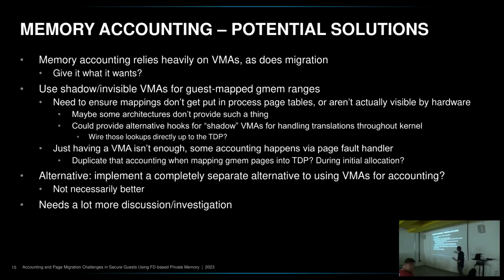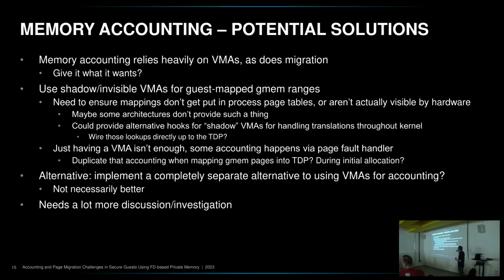You obviously need to take care that those mappings don't actually result in that memory being mapped into the process's page table, or else you'll run into the issues that GMEM specifically is trying to avoid. And also, just having VMAs isn't enough, because a lot of that accounting is going to happen at the time that the page is actually faulted in and touched, not just when that VMA is created.